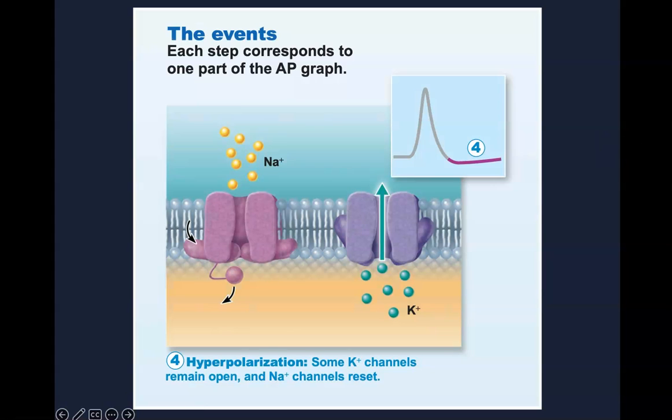I know it's hard to picture all this happening, but we do still have these sodium potassium ATP pumps that are going to pump the sodium back out. 3 sodium back out. Remember, these require ATP because we're pumping against a concentration gradient. So 3 sodium out for every, how many? 2 potassium back in.